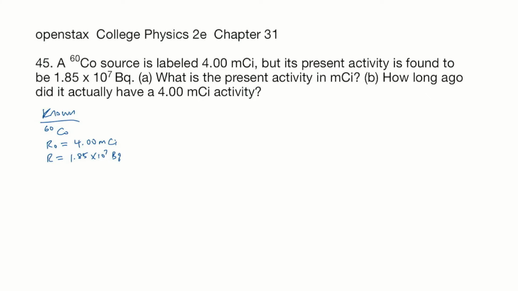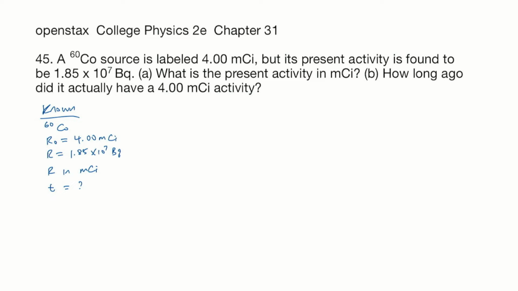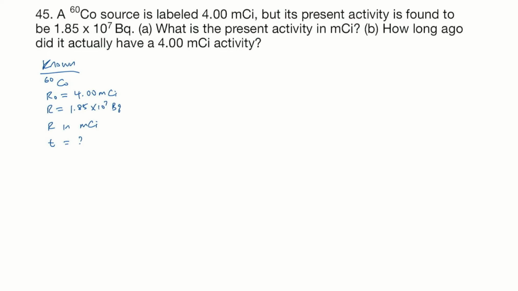We need to find R in millicuries, and we need to find the time. All right, and then from the OpenStax textbook, table B, the half-life of cobalt 60 is 5.271 years.